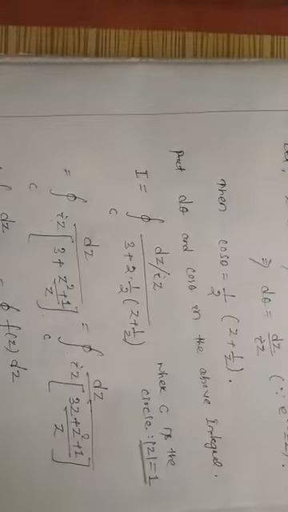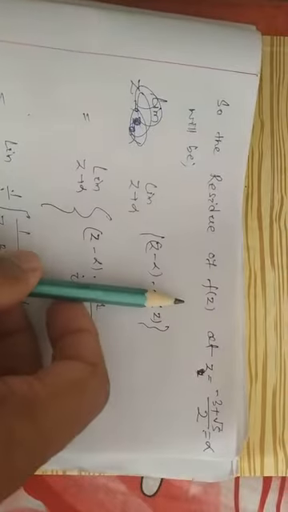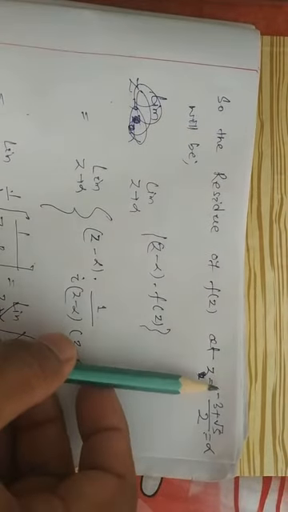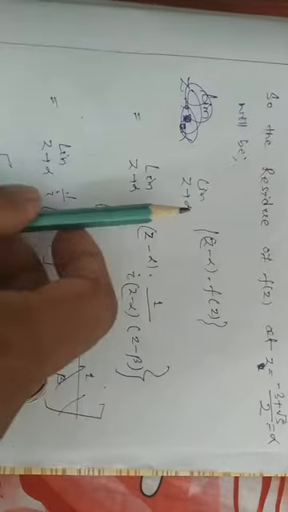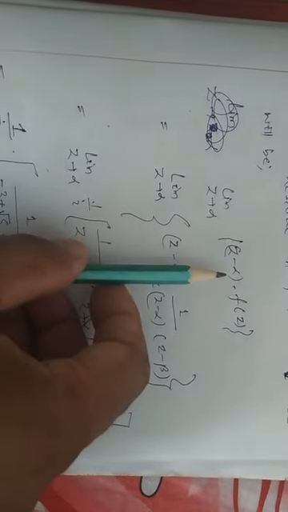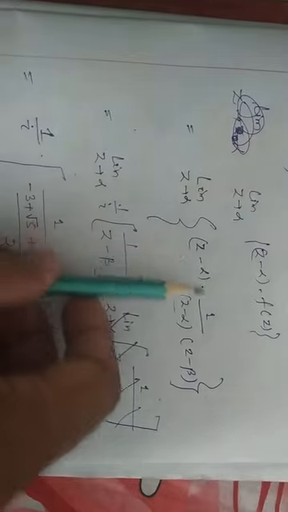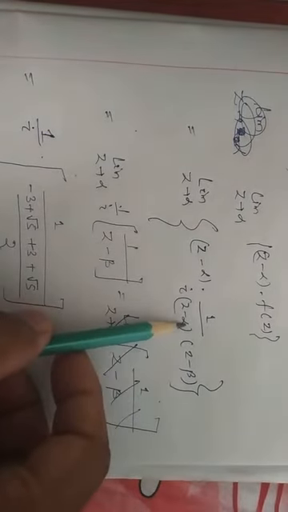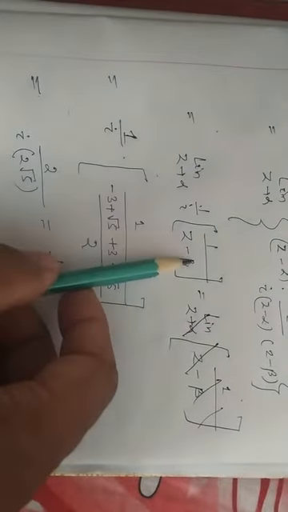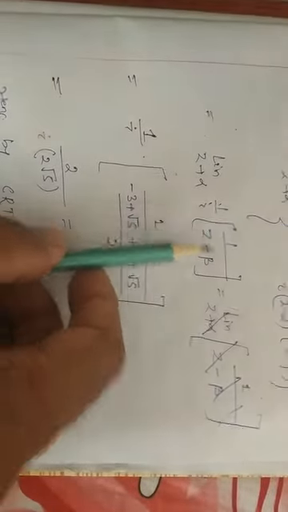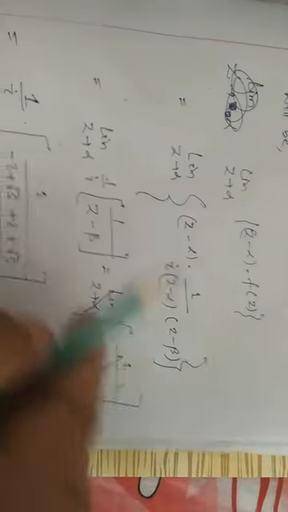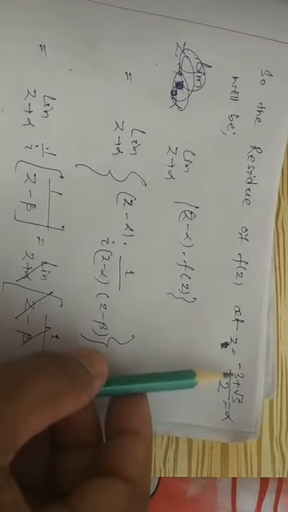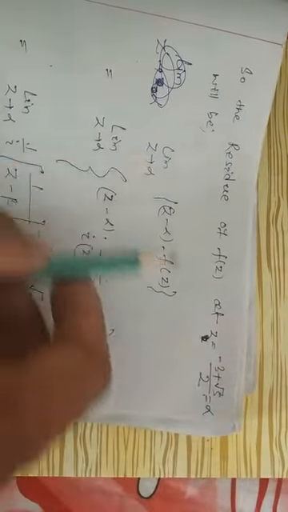So now the residue of f(z) at alpha: limit as z tends to alpha of (z minus alpha) f(z), which is 1 by i (z minus alpha)(z minus beta), where z minus alpha cancels, leaving 1 by i (z minus beta). So z will be alpha. If I put alpha as minus 3 plus root 5 by 2 and beta as minus 3 minus root 5 by 2, you can follow the last page.